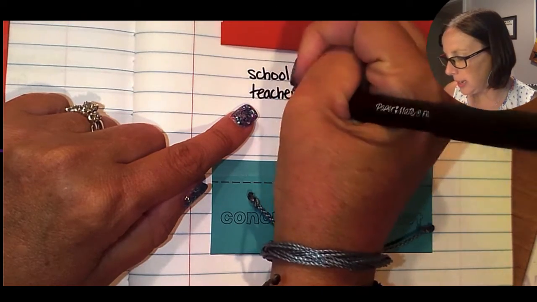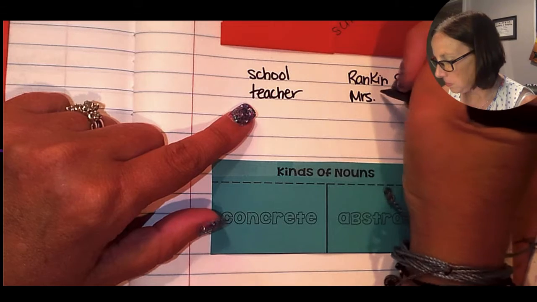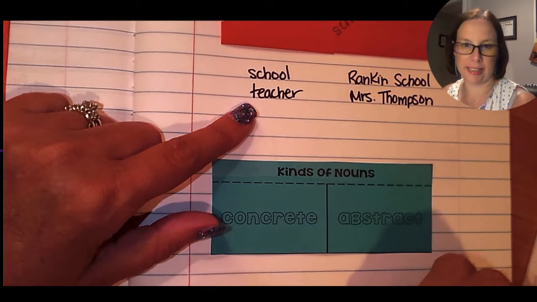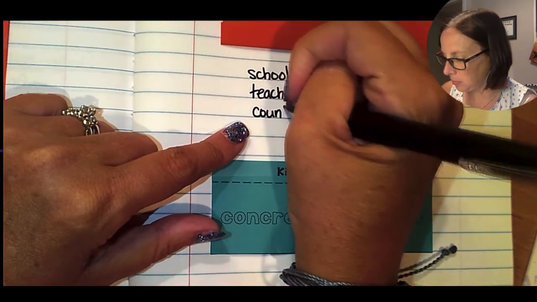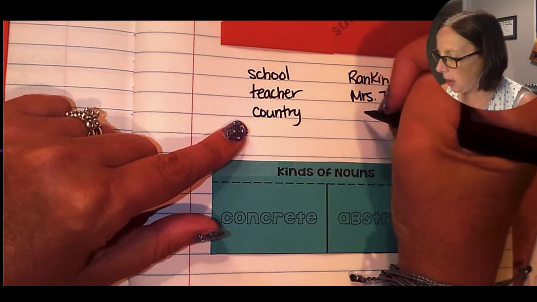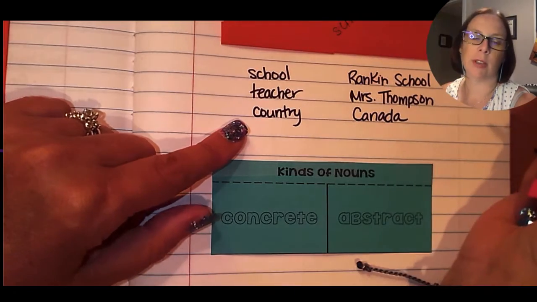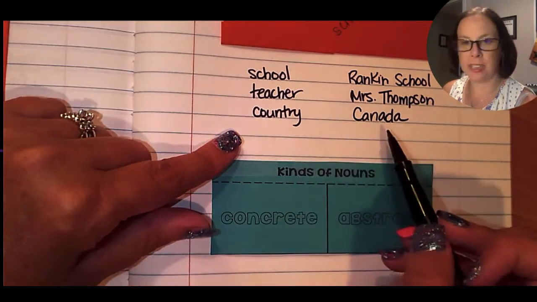Teacher is not specific, where Mrs. Thompson is. Okay, you could say country is non-specific, and then you could say Canada. United States of America was a little long, so I went with a shorter country, but not specific, specific.